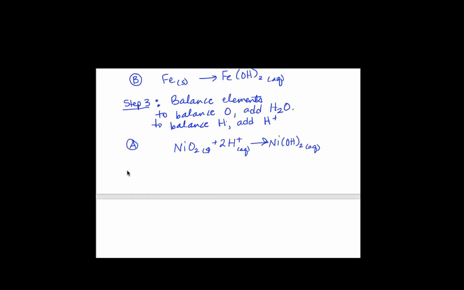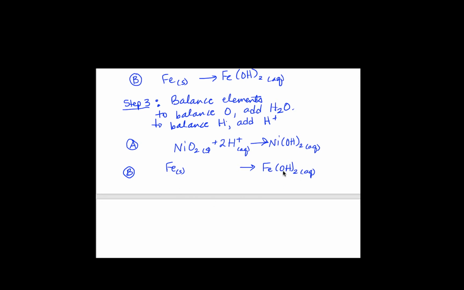Okay, so reaction B, I have iron, and it's turning into iron hydroxide. So over here I have 1 iron, over here I have 1 iron.